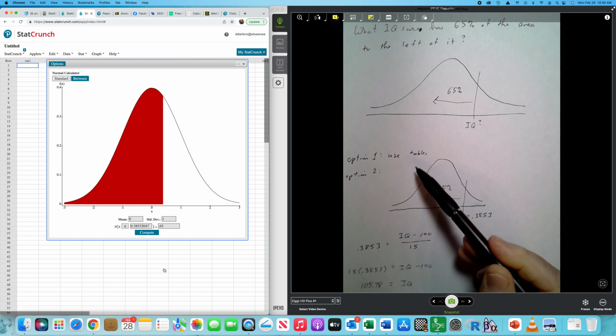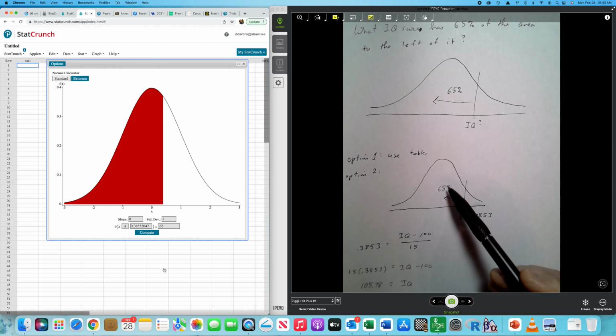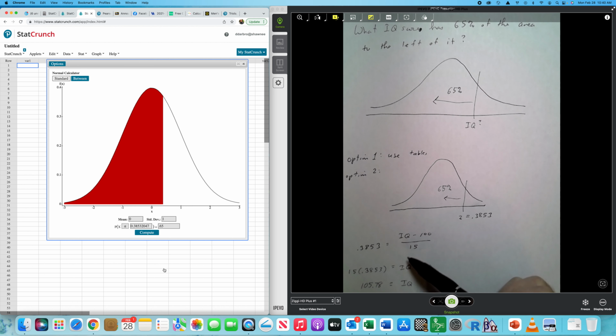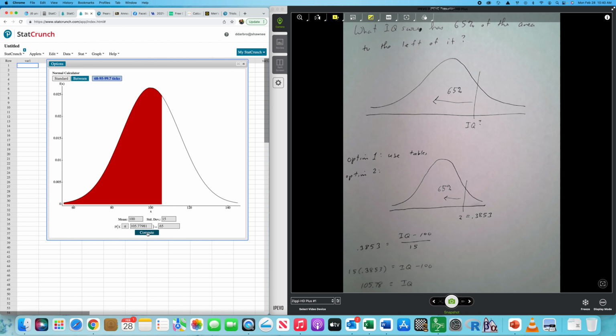Which option would I use? The goofy tables, convert the score to a z-score, find the area under the z-score, convert it, use all this. I wouldn't use either one. I'd use that, 105.78.